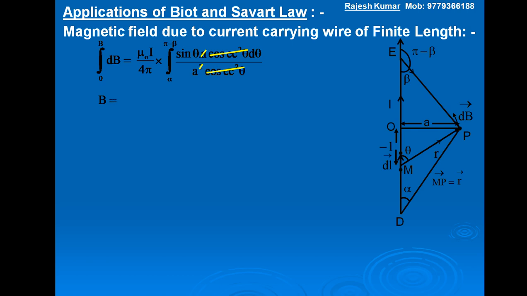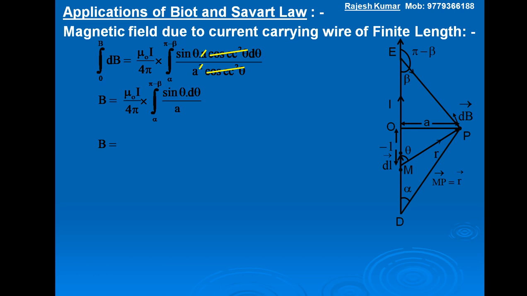Therefore, we get B, the magnitude of total magnetic field, equal to mu naught I upon 4 pi into integration from alpha to pi minus beta of sin theta upon a with respect to theta.